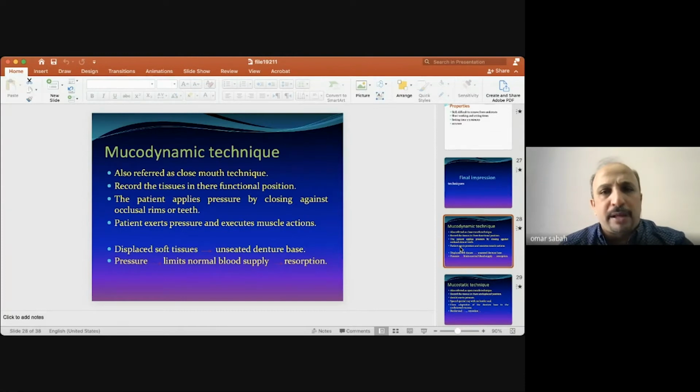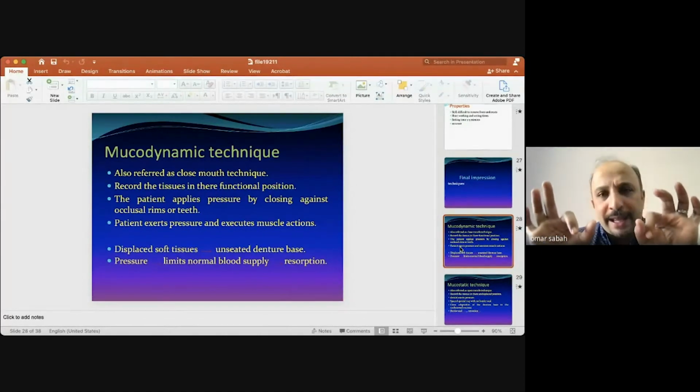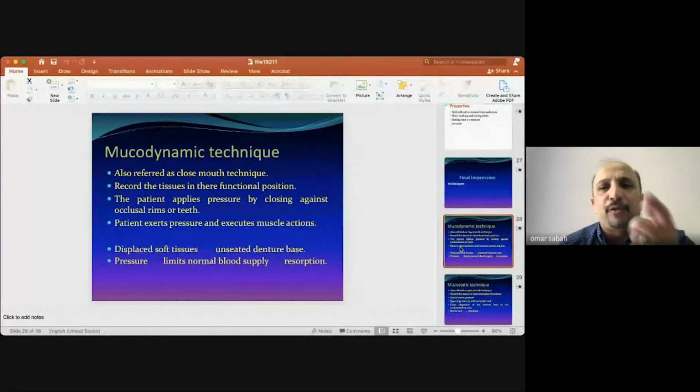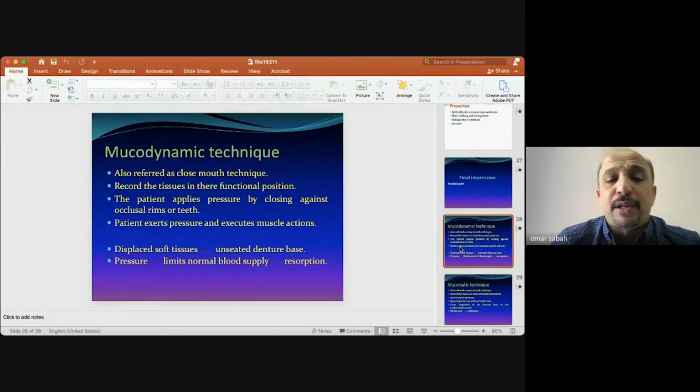Maybe you have reached this point or not. Instead of the alveolar ridge, you have a slice of wax. This wax represents the alveolar ridge, the residual ridge that you have, and then you put the plastic or acrylic teeth on this occlusal rim. So the occlusal rim now represents the bone, the alveolar bone or residual ridge after extraction of teeth.